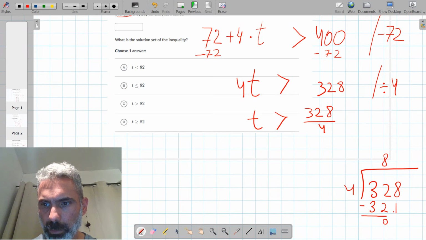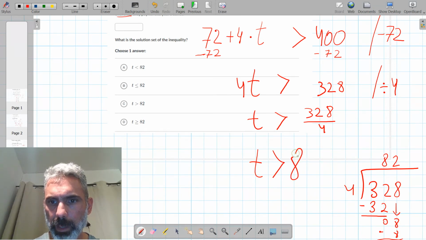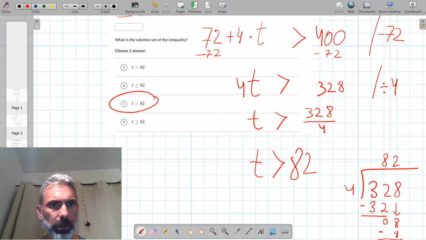Now I bring down the 8. 4 goes into 8 2 times, 2 times 4 is 8, no remainder. So 82. T has to be greater than 82. So C is the correct answer.